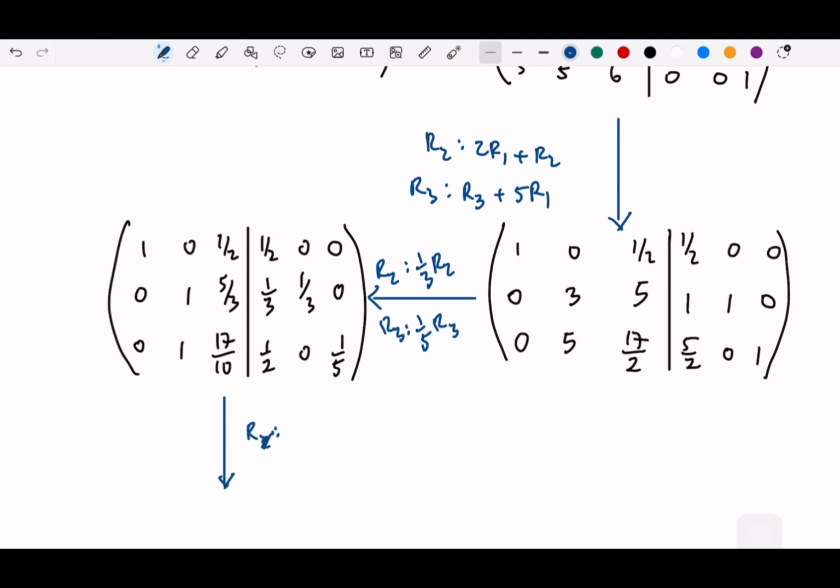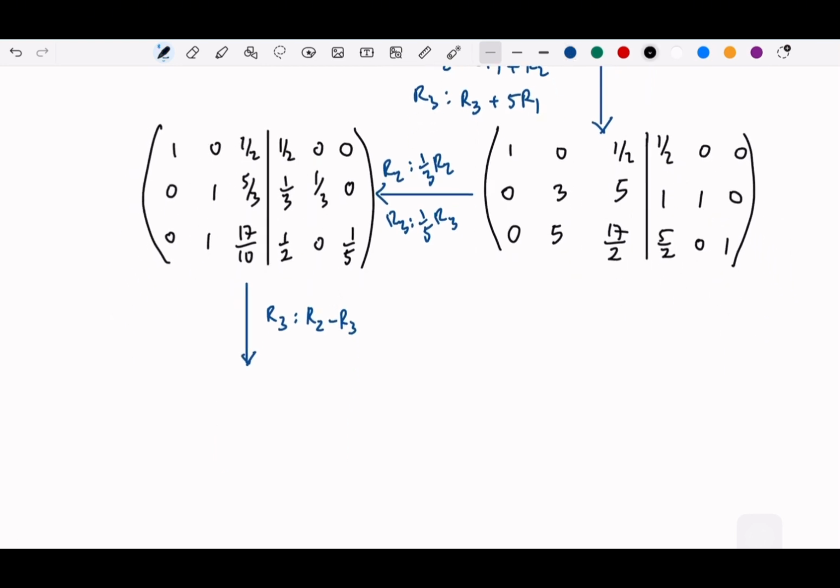Maybe the last row, we just take the subtraction between the two. So we have 1, this will be 0, 1, 5/3.